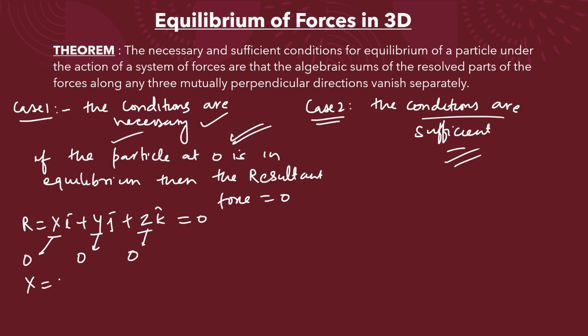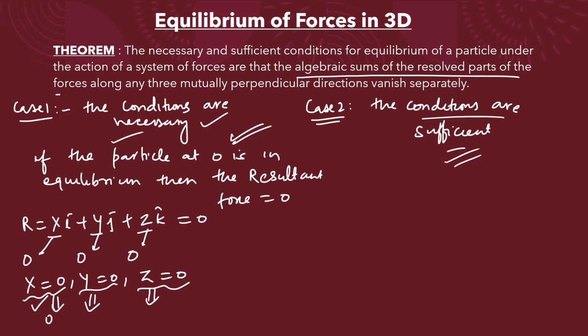Thus if the particle is in equilibrium, then the sums of resolved parts of these forces along OX, OY and OZ vanish separately. So these are the resolved parts of the forces along the x direction, along the y direction, and along the z direction, and they are vanishing separately. So this is what is given in the question.